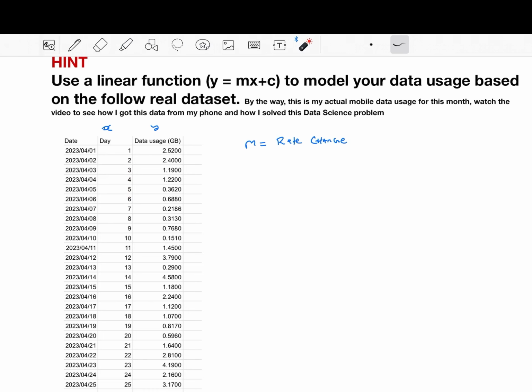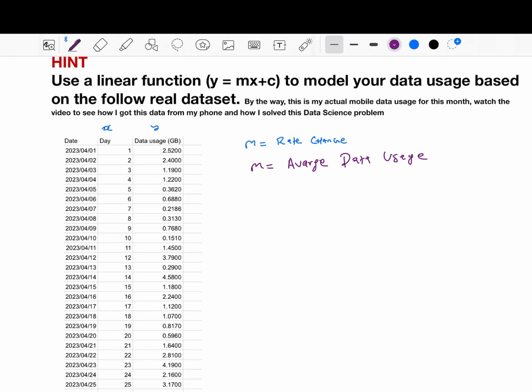So on average, how fast you are using your data. Basically, in this context, gradient is your average data usage. That is your gradient, your average data usage, how fast you are using this data daily, right?